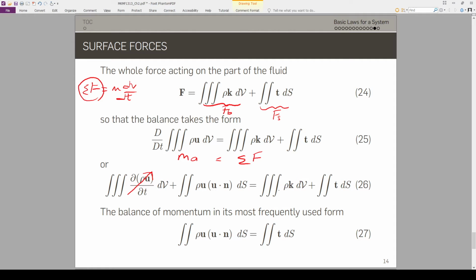And considering that it is not influenced much by gravitational acceleration, the contribution from the body force can also be ignored. So the only term left in our momentum equation is rho u un dS, which is equal to our contribution of force from the surface forces.